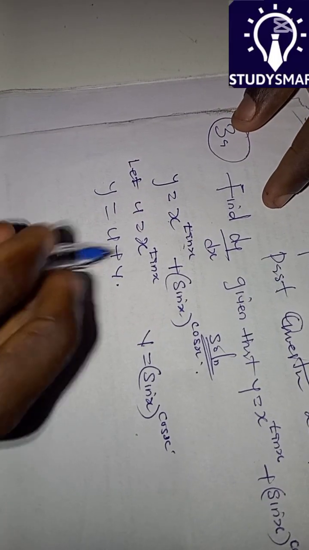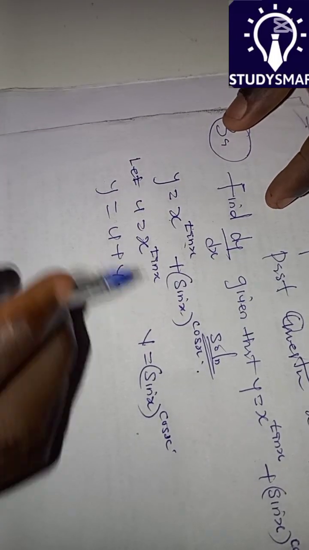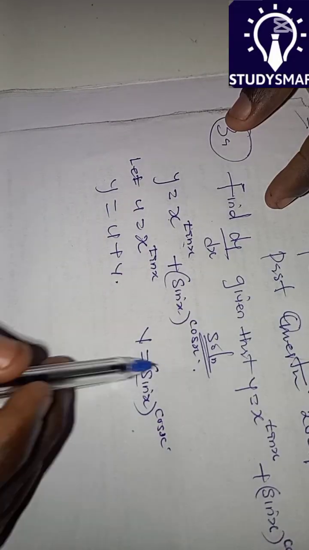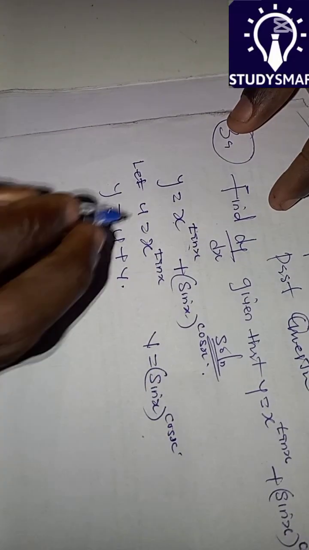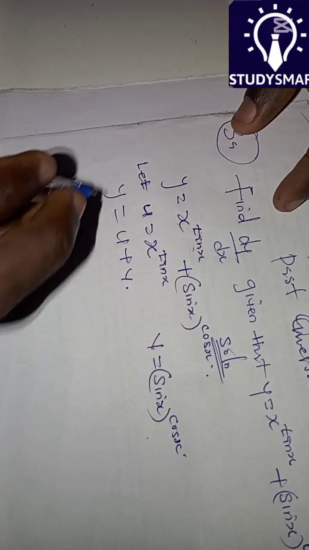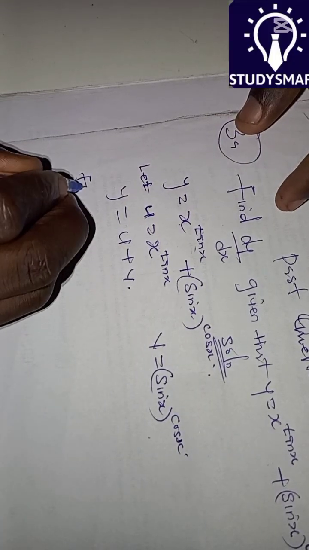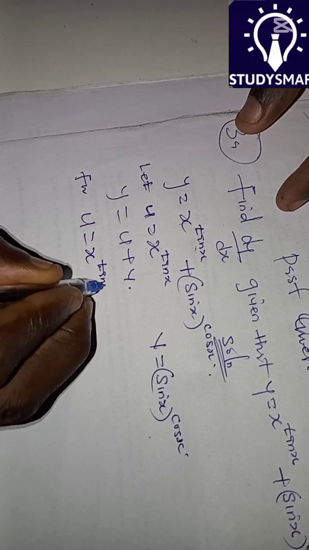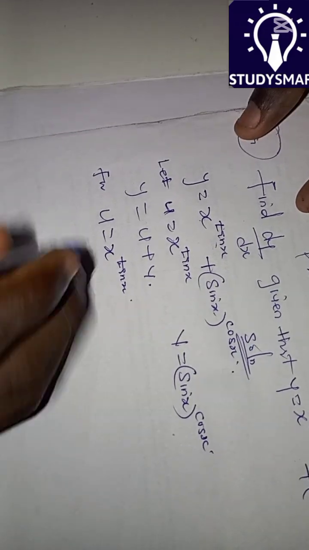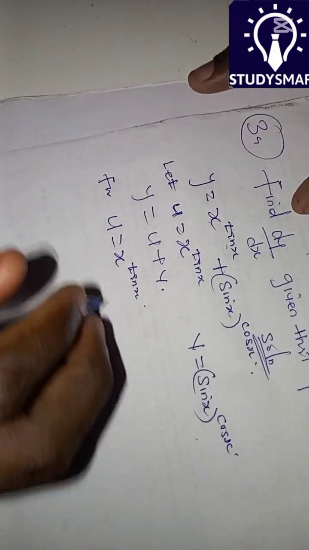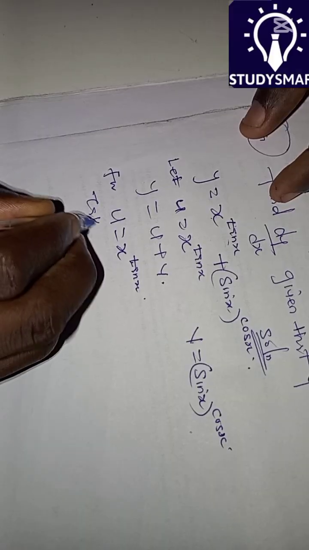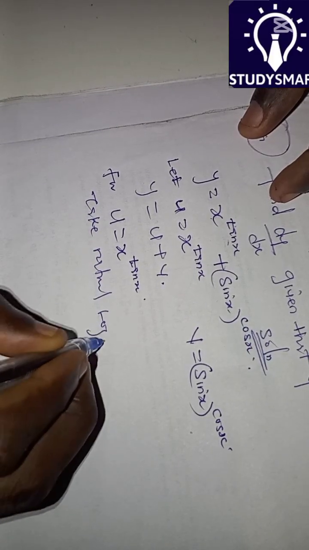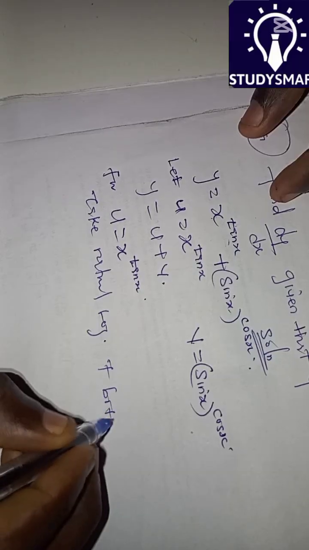Let's deal with each of these sections one by one. For the u section, u equal to x to power tan x, we can take natural log of both sides.